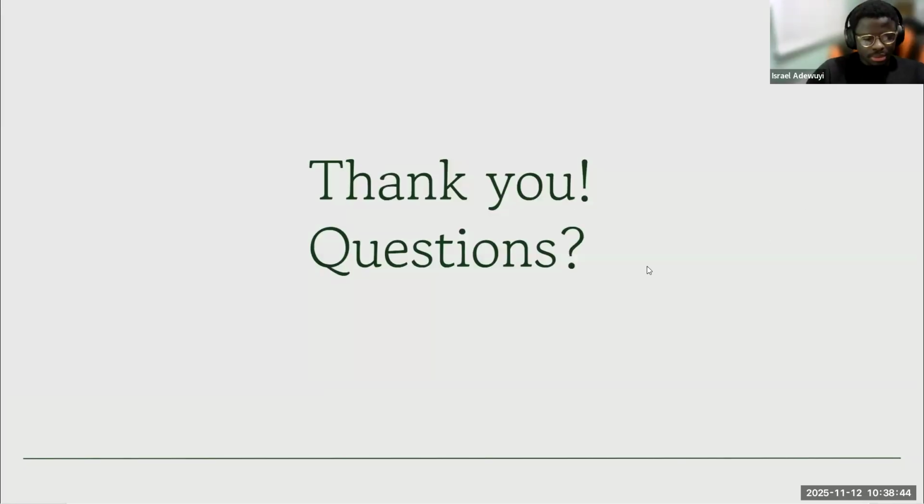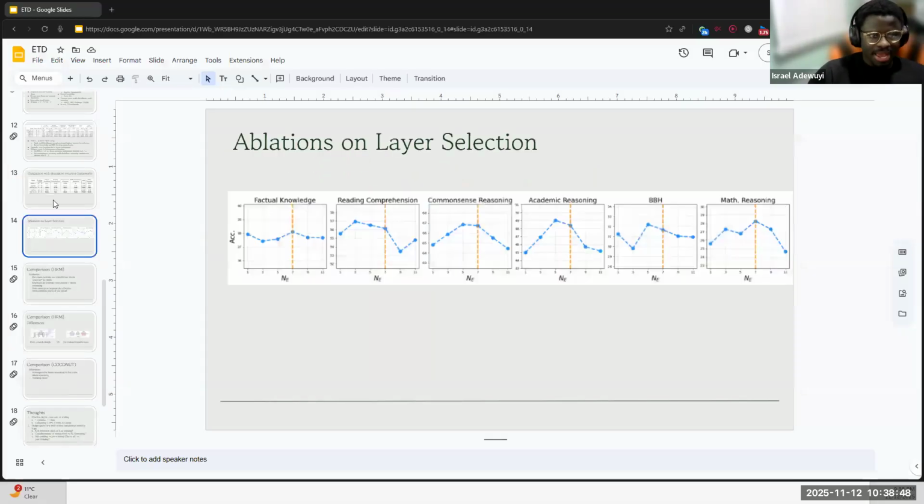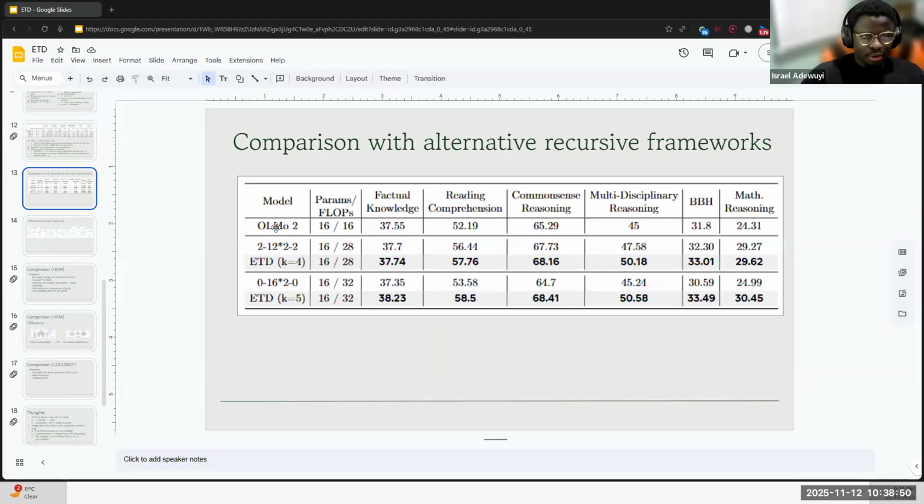Yes. So I don't think they explicitly did that. The closest I have is here for OLMo 2. They took the bare-bones OLMo 2 after mid-training and ran evals on the benchmark. Then they applied the ETD approach.